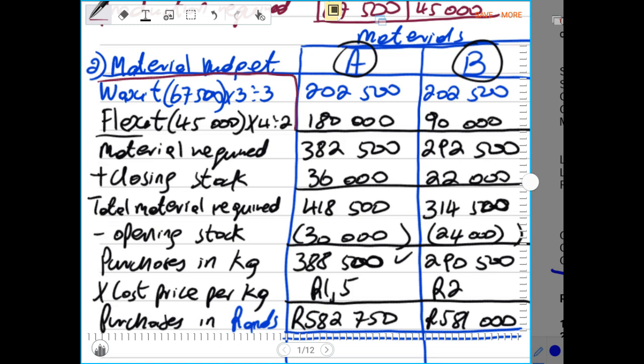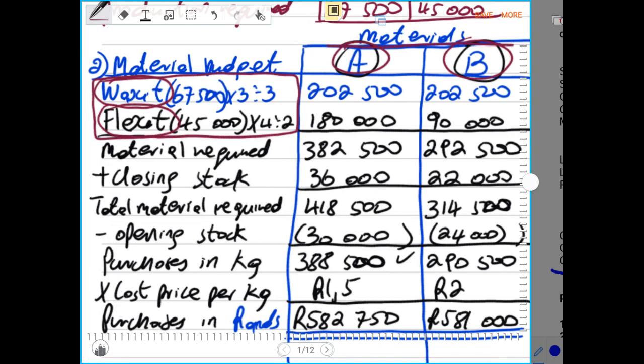This area is very crucial, and I want to emphasize it for the last time. Remember, we have two materials, material A and material B, and two products, product Waxit and product Flexit, and each product requires both materials.